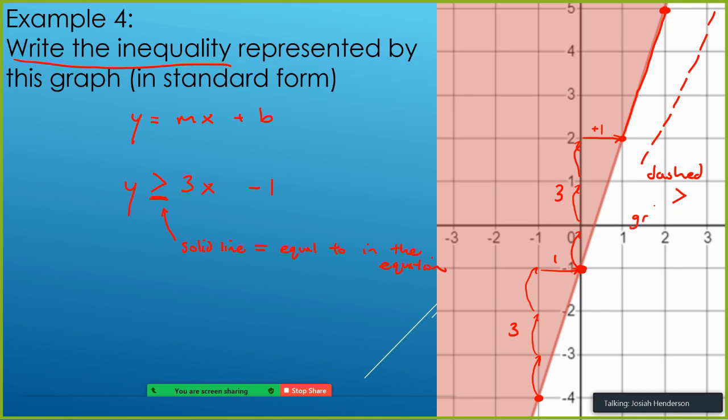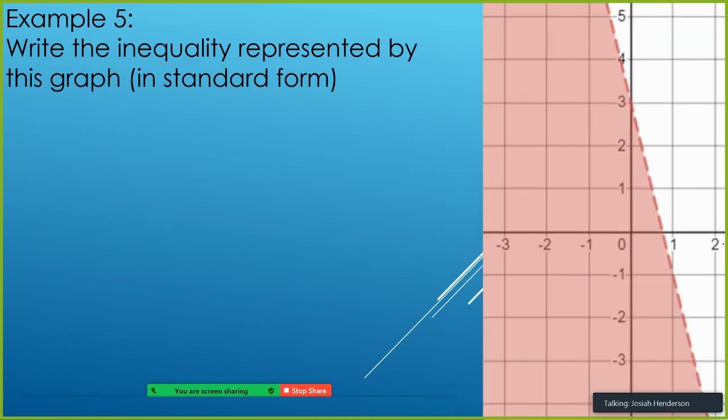If it were dashed, it would be greater than only, no equals to. Does that answer your question, Anaya? Yeah, it does. And I should have one of those coming up next week in practice.